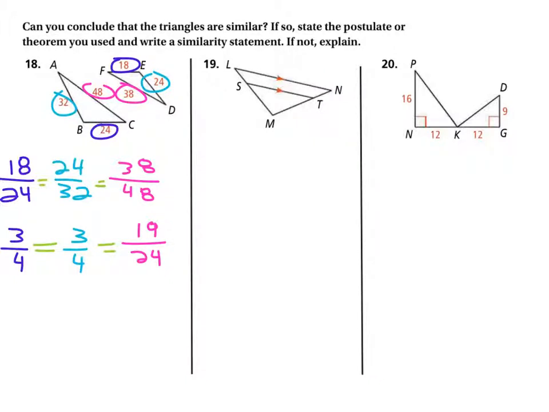And that's no good because that doesn't actually get you that same similarity. So we would say not similar, and it asks us to explain. Not similar. And we're just going to say sides are not in proportion.